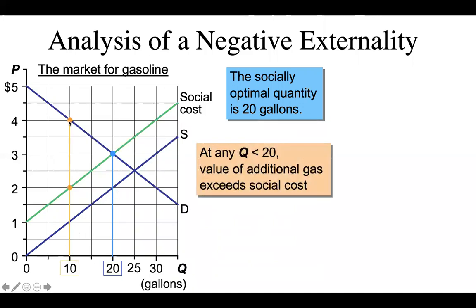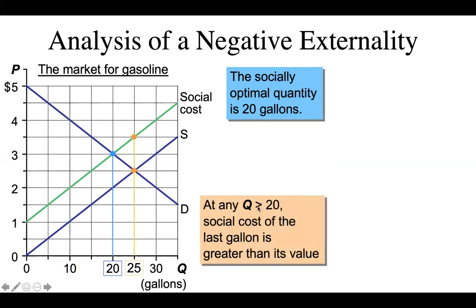This is really important when thinking about the relationship to quantity. At any quantity less than 20, there is an additional value of consuming gasoline, so consumers value additional consumption more than the social cost.